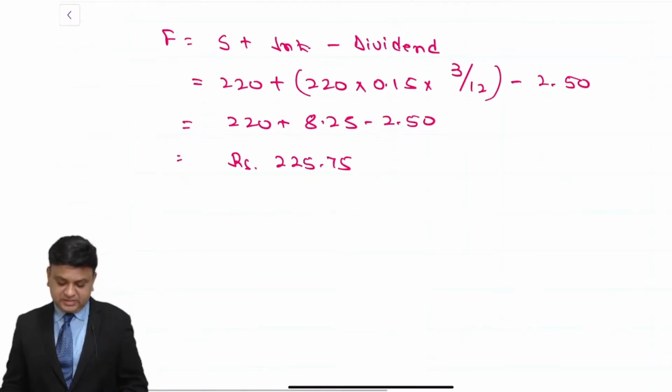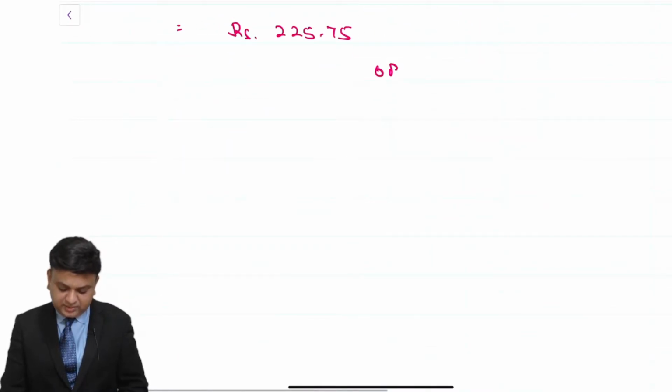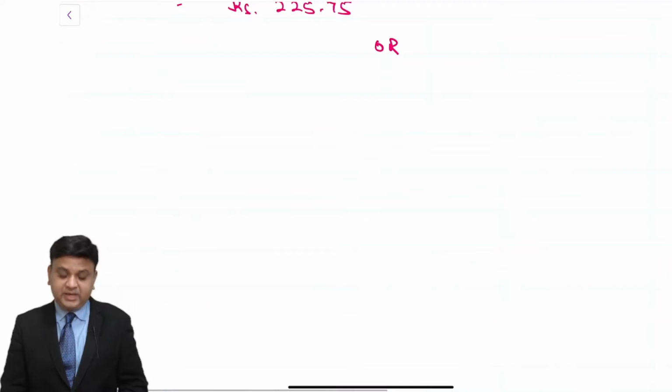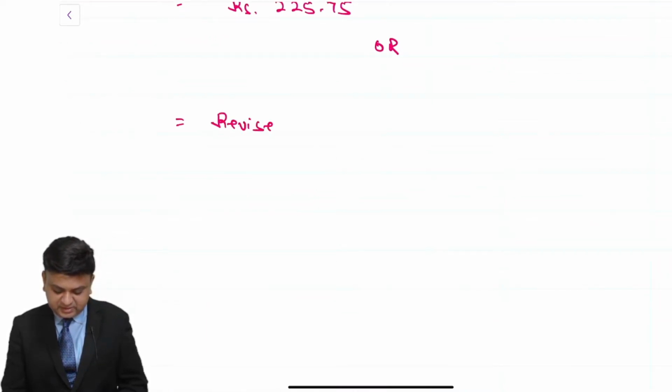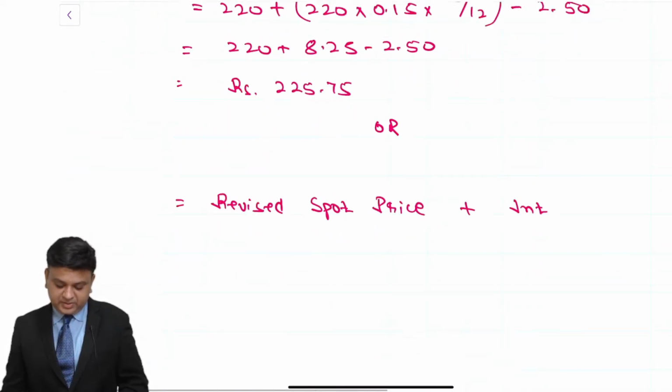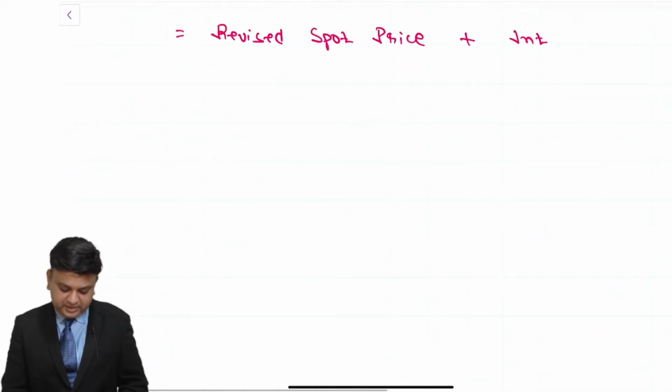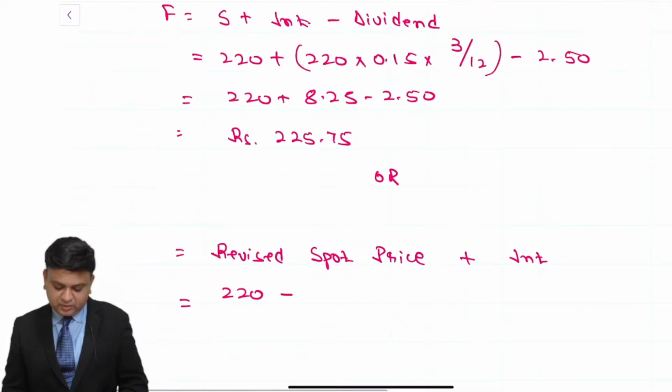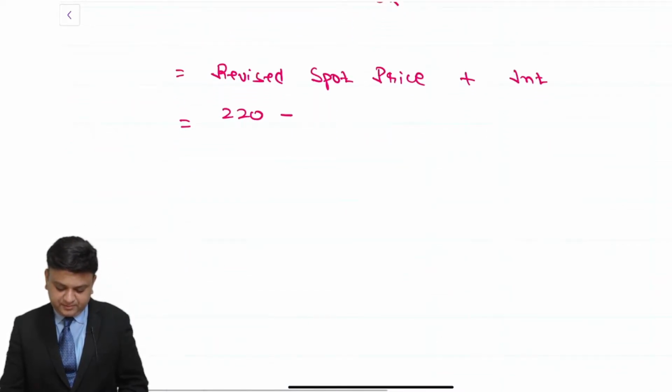If at all we do the answer with the alternative method, then I hope that all of you are clear. You will make the computation like this. Revised spot price plus interest. Revised spot price is 220 minus what is the dividend income? We understand it is 2 rupee 50 paise.